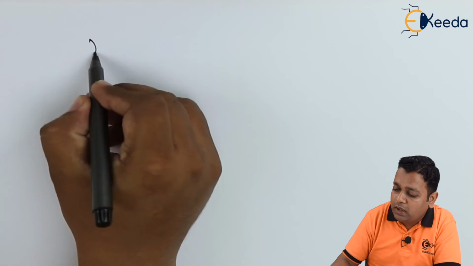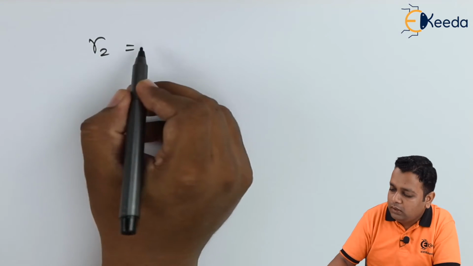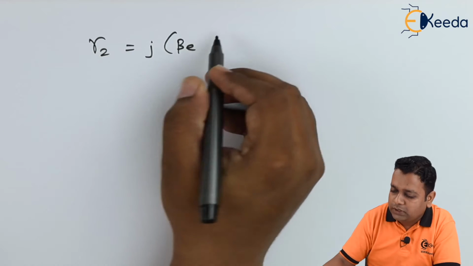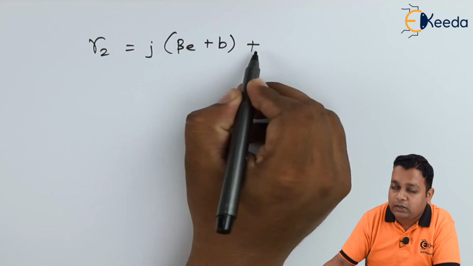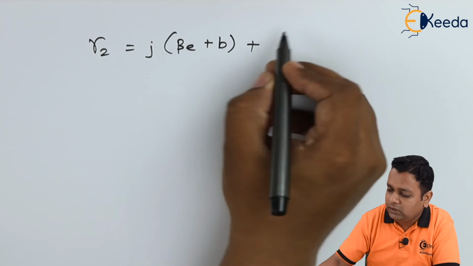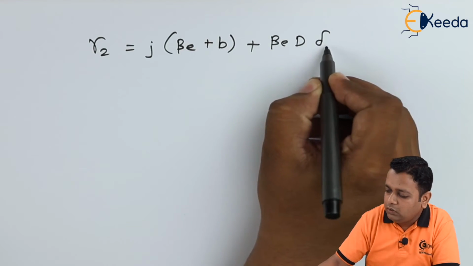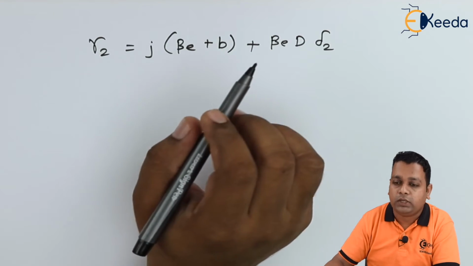Now the second propagation constant is denoted by gamma 2 here, and gamma 2 has a formula j times the phase shift constant beta suffix e added with small b, and it has the second term on the RHS that has beta suffix e into capital D into the second differential we have computed in the previous part.